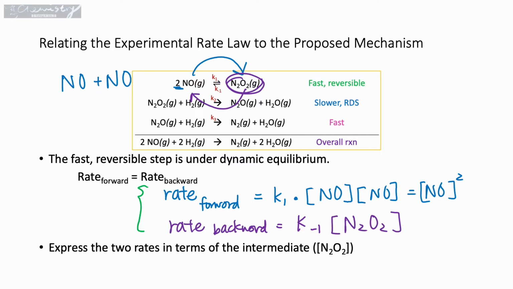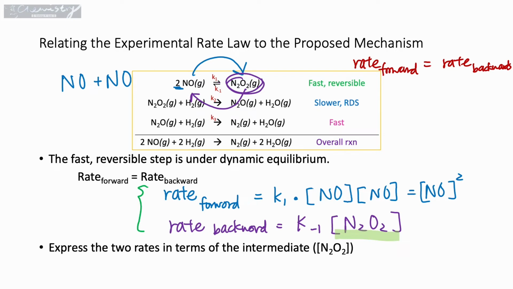Now we can write this in terms of the intermediate, and the intermediate is N2O2, right? So this is the intermediate. For a reversible reaction, we know that the rate going forward is equal to the rate going backwards. This is just something by definition.